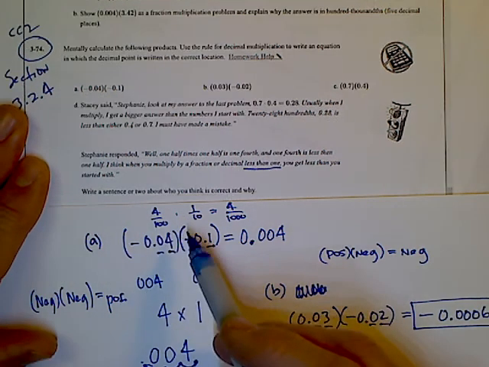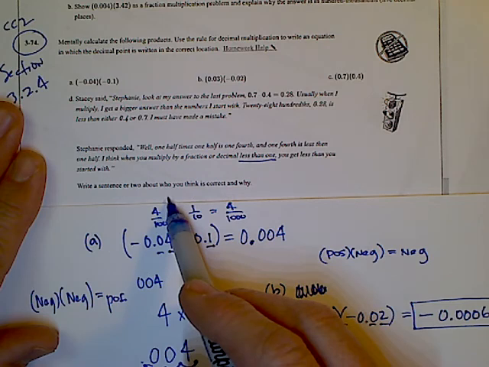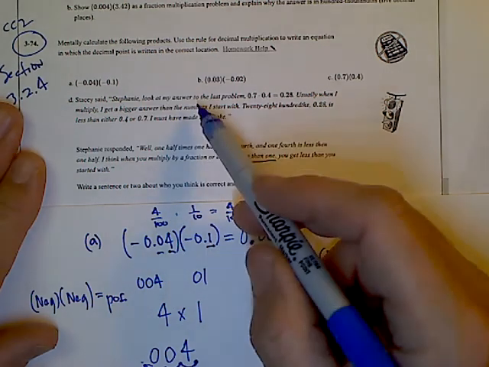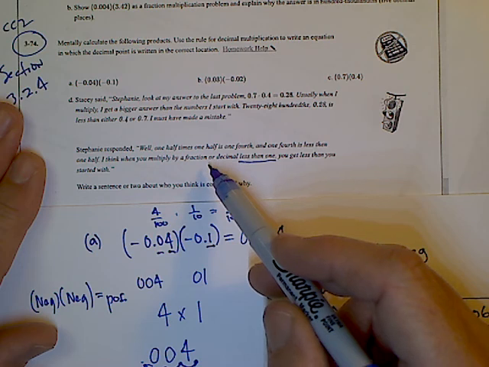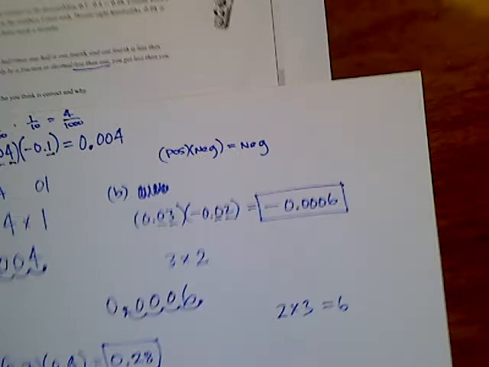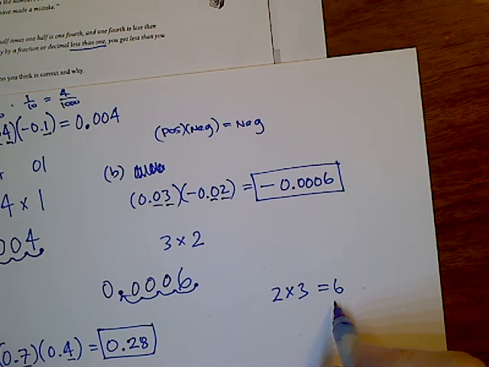And is she true? So the question says, write a sentence or two about who you think is correct and why. So is Stacy correct or is Stephanie correct? I mean, Stacy's right. When you do multiply integer values, you do get a larger number.